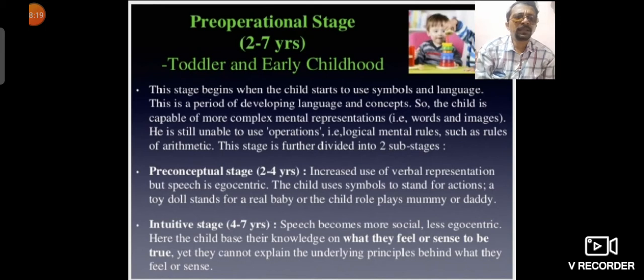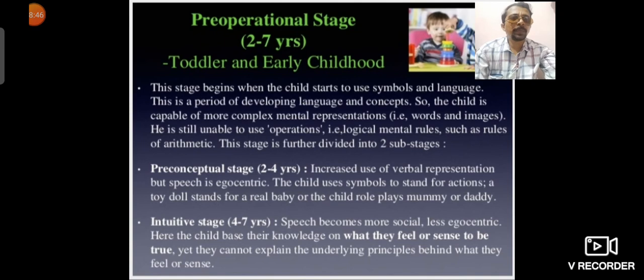Here the child bases their knowledge on what they feel or sense to be true, yet they cannot explain the underlying principles behind what they feel or sense. This is the second period of cognitive development.